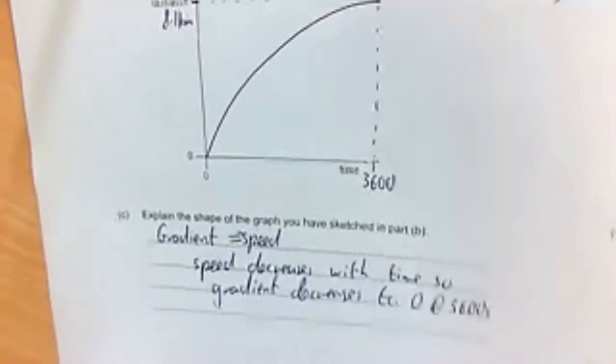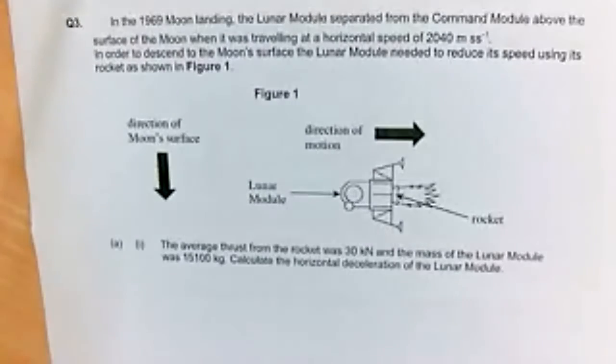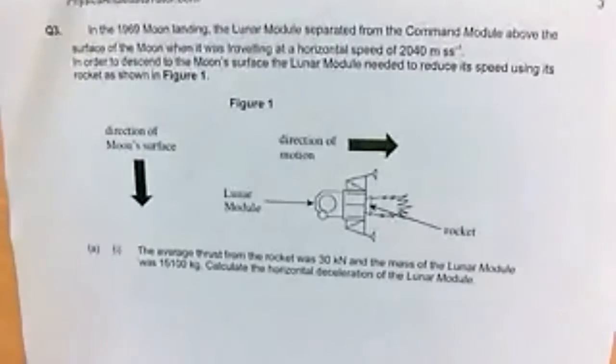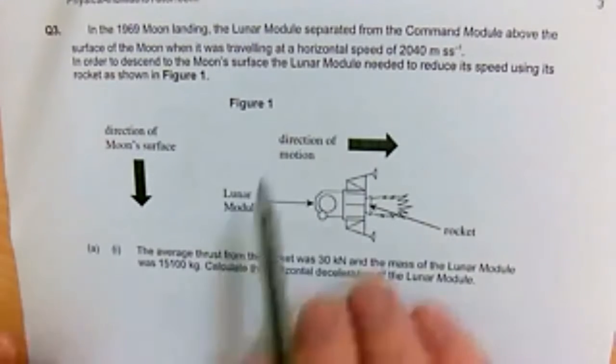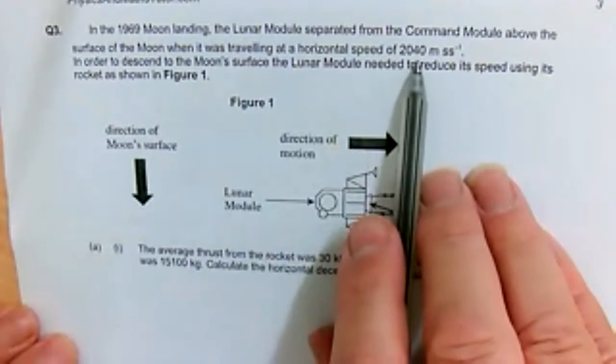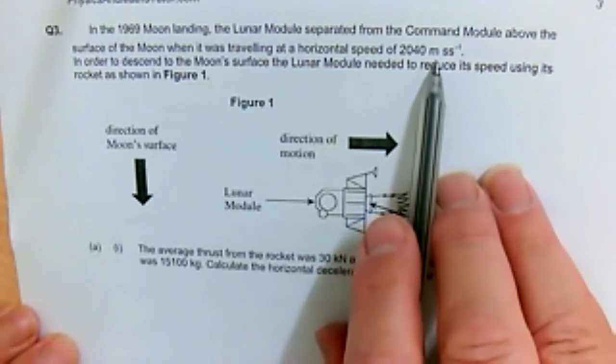So that's question 2. Now question 3, I think is quite a nice detailed one. Love applications. So most of physics is about its applications. So 1969 moon landing, the lunar module separated from the command module above the surface of the moon. It was traveling at a horizontal speed of 2,040 meters per second.